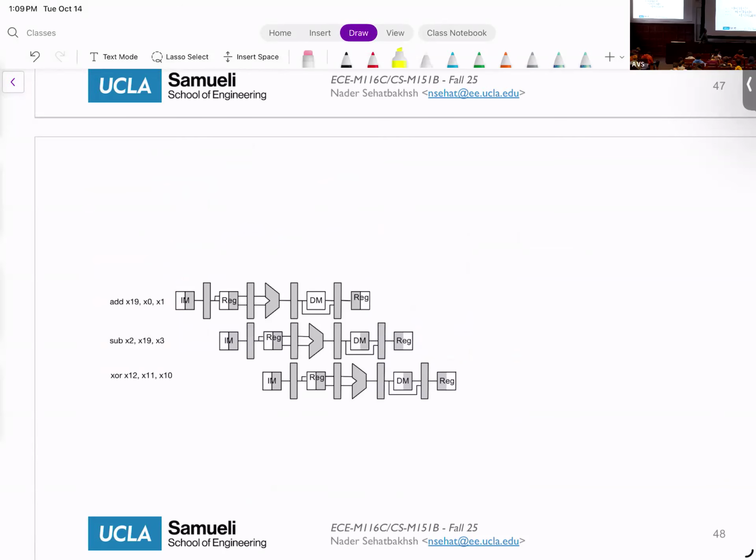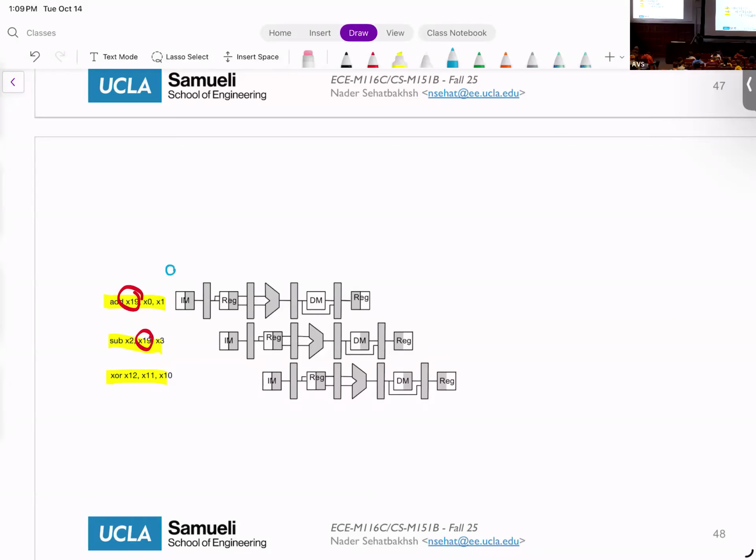So how do I insert the bubble in hardware? Let's, for example, imagine a sequence like this: add x19, x0, x1, then sub x2, x19, x3. So this is my data hazard, okay? And let's say after the sub, I also have an XOR instruction that has nothing to do with these other instructions. So here's the timeline.